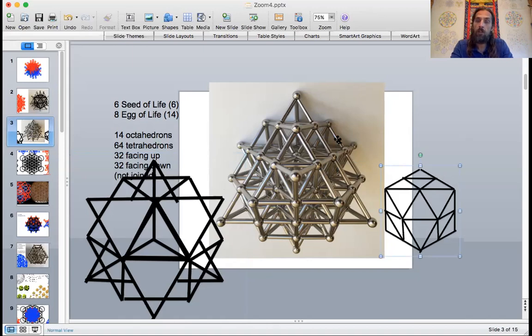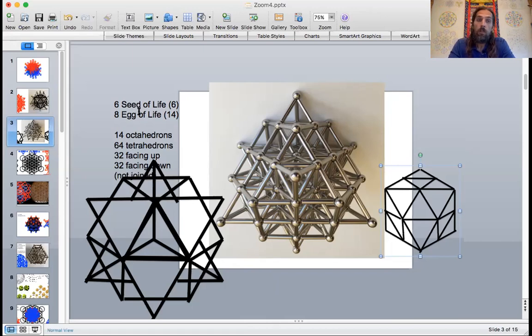And that's why he calls it 64, because 32 tetrahedrons are going down and 32 are going up. Now those tetrahedrons, they're just side by side. They're not linking together in the middle. And what I'm going to show you in a little bit is another version of this where they're actually linked together, so you have a small star tetrahedron in all of those.